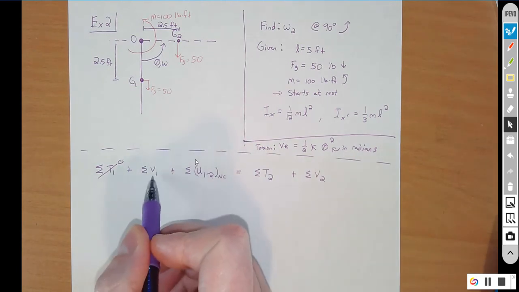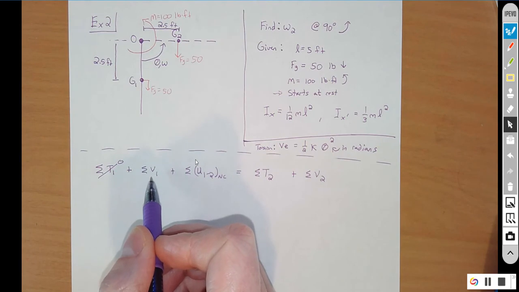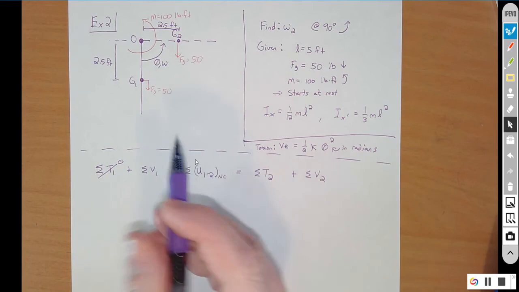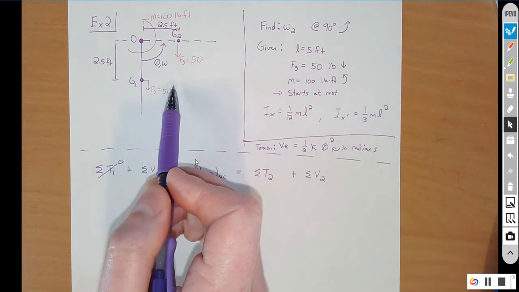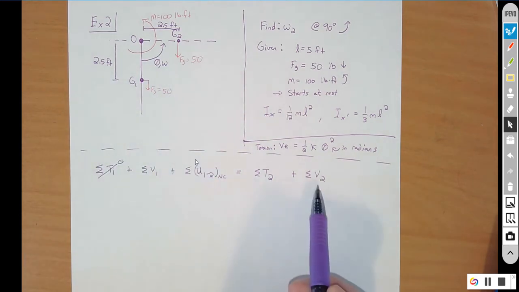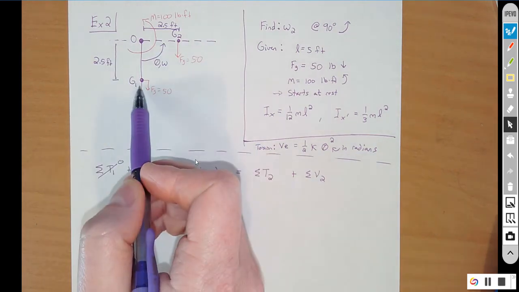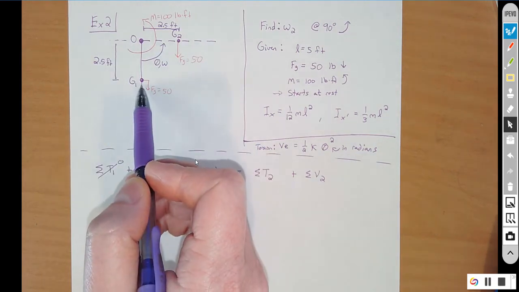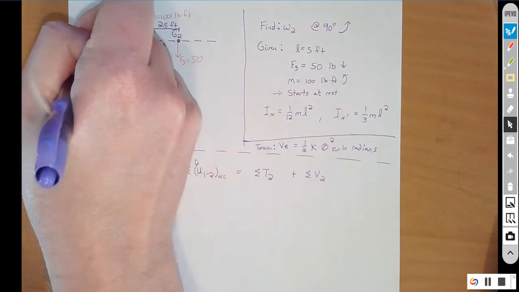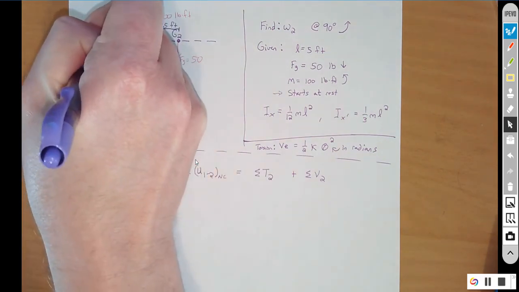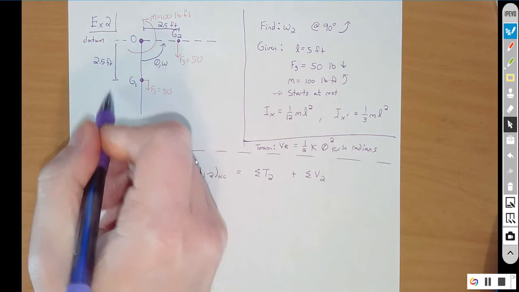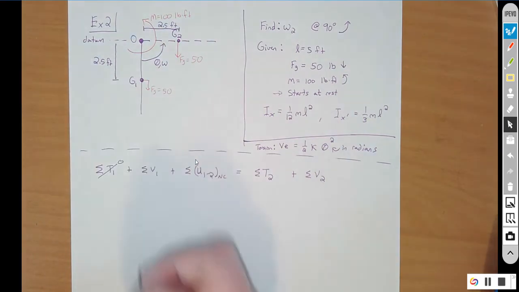V1, I already stated we don't have any springs, so this is just gravitational potential energy. So you can look at this two ways. You could put the datum here at G1, and then you just shift your potential energy over to V2. Or you can say the datum's up here, and then you have a negative potential energy here. So that's what I'm going to do in this case. I'm just going to call this line up here my datum, and therefore we're going to be 2.5 feet underneath of this.